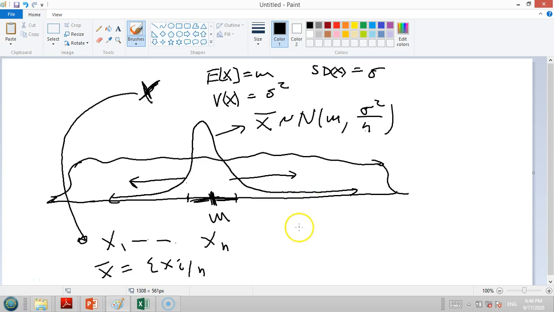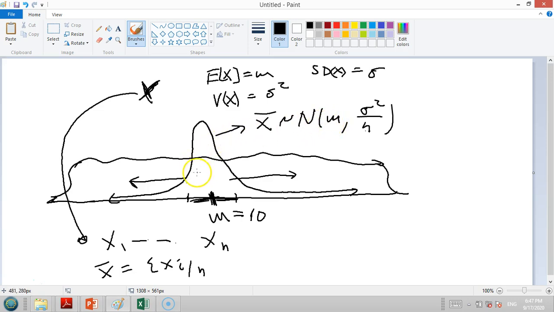And so this is where hypothesis test comes in. I suppose that mu is some value, my hypothesized value. I call it 10. And so I suppose it is 10.